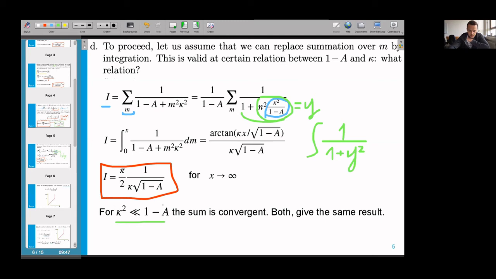And at least allows for the replacement. But this is just to assume that the ratio between those two is less than 1, right? Yeah, okay, I guess, but it confuses me.